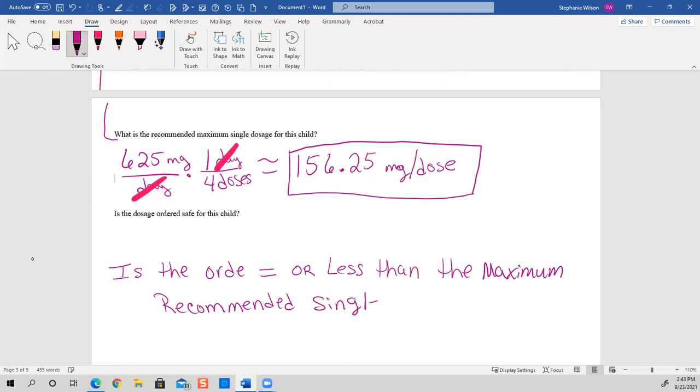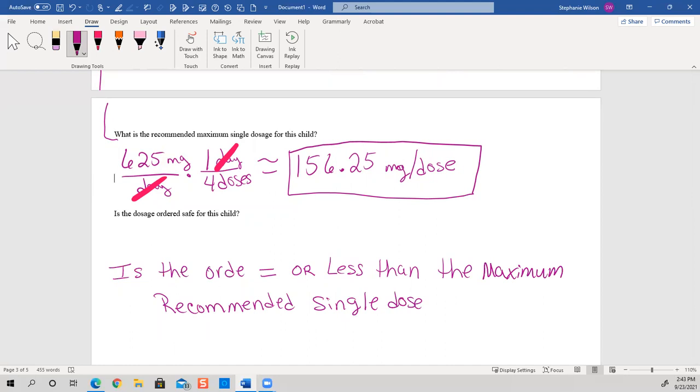Because we're talking about single dose. Guys, sometimes you may see an order that says take daily. It doesn't happen that often. It's usually telling you how much to take in one setting, how many times a day. But if it was daily, then we'd say daily here.